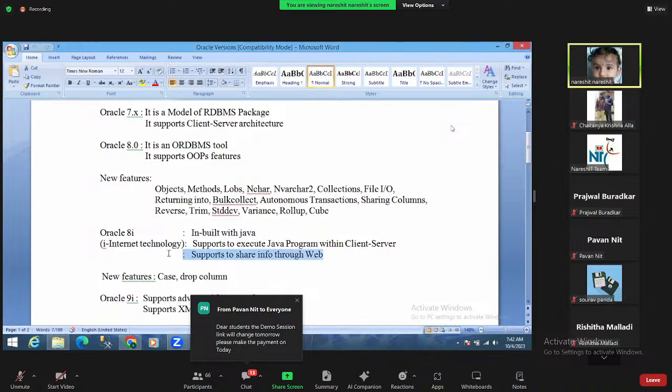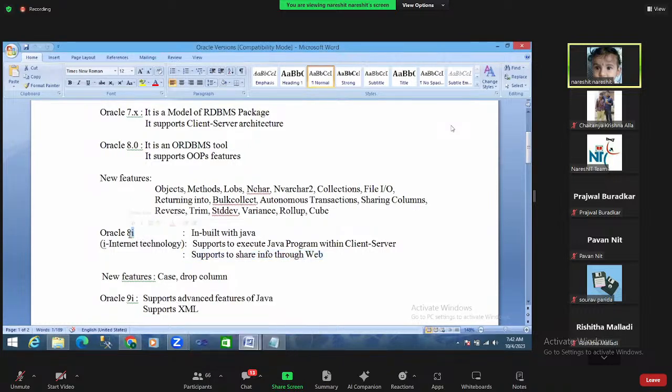Okay, guys. What's the meaning of this 8i? It is inbuilt with Java and Java programs with the client-server architecture. Suppose I developed one application by using Java language. Which type of application right now did I design? A web application.